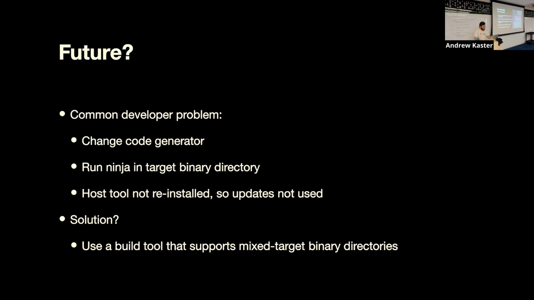Okay, so where do we go from here, right? Because I teased this earlier, but we have this common developer problem where if you change a code generator and you run Ninja to build you a disk image or whatever to run QEMU from the target binary directory, your host tool wasn't built. You didn't rebuild whatever it was, and the updates aren't used, and you launch QEMU and your changes aren't there.